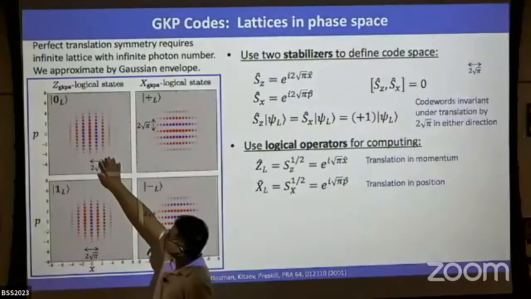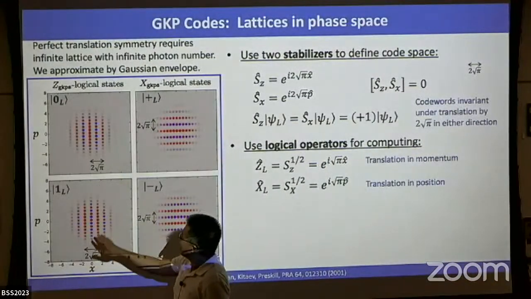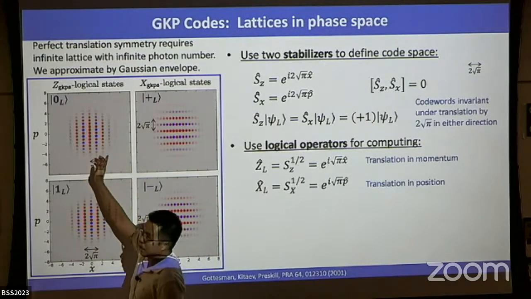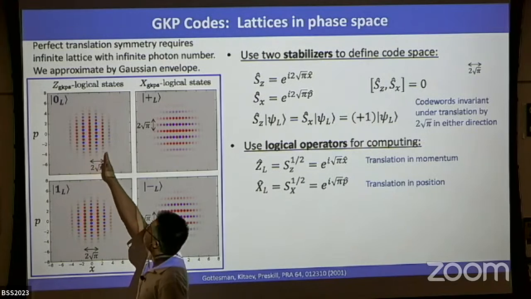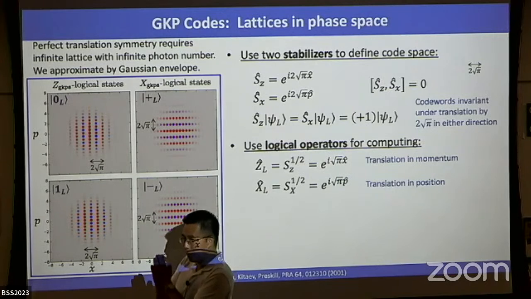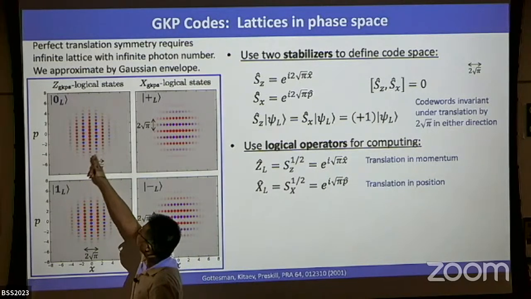So here are the logical 0 and logical 1. Let's look at those stripes associated with all the red dots along the vertical direction. Those columns you can think of as infinitely squeezed states, and it's a superposition of those.